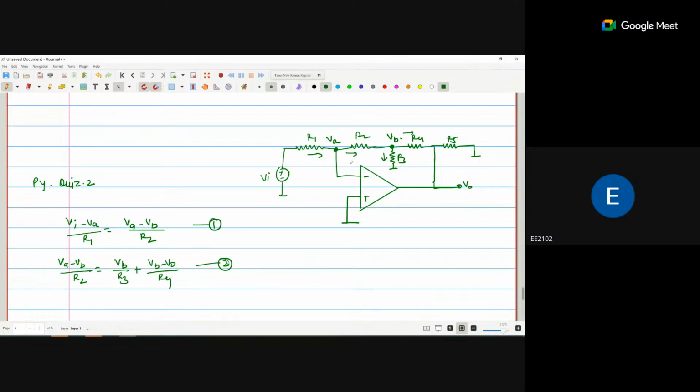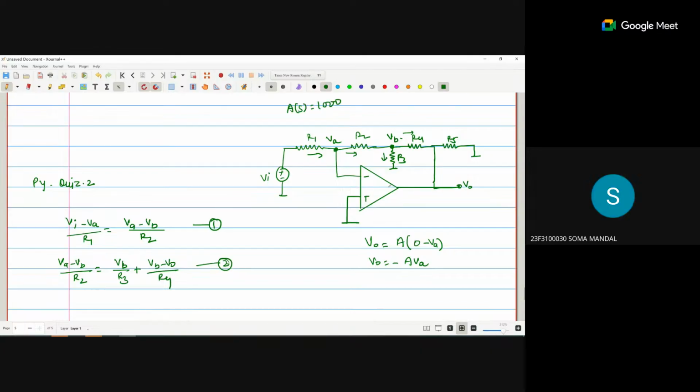And the last one we are getting: sir, VA equal to 0. V0 is equal to A times (0 minus VA), so VO is equal to minus A times VA. How is VA equal to 0? Sir, I considered the ideal case. But it is given that A(s) is equal to 1000 upon s.